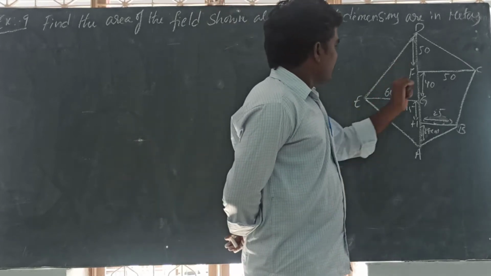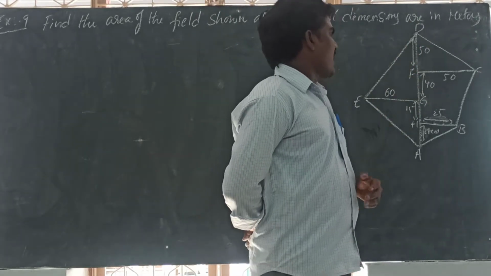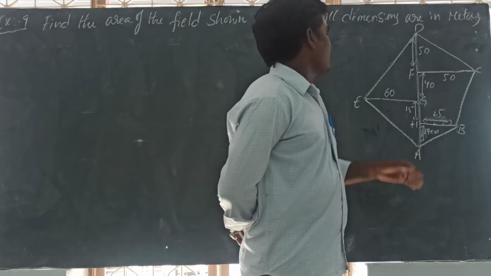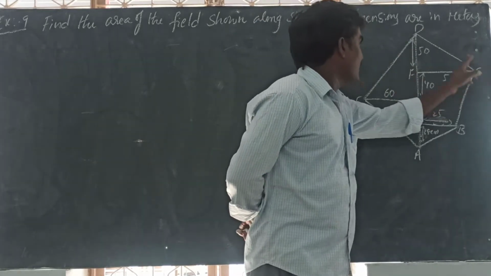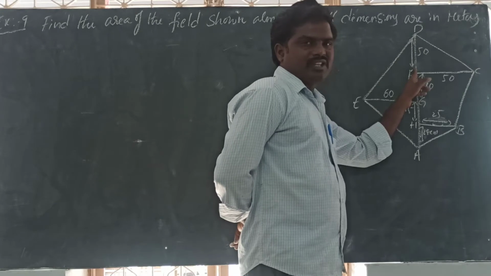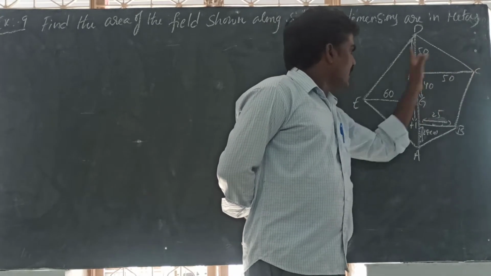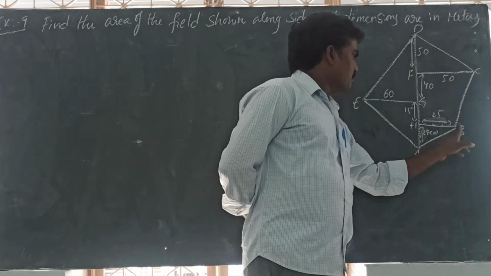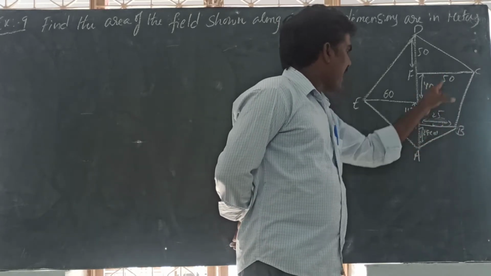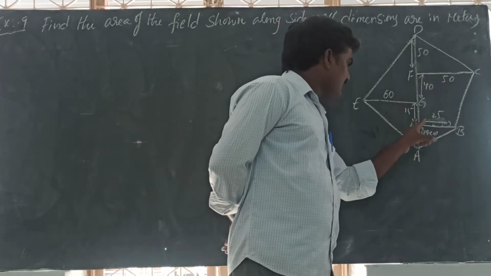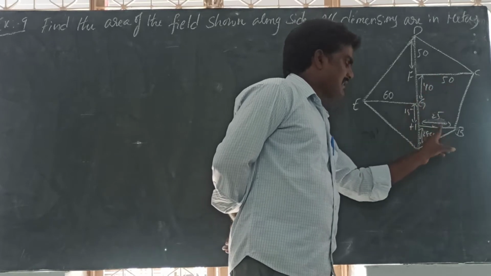Okay, so in this first part, area of triangle is half into base into height. Here the base is FC, height is DF. Next, the trapezium CFHB. Here these two are parallel sides and this is the distance between the two parallel sides.